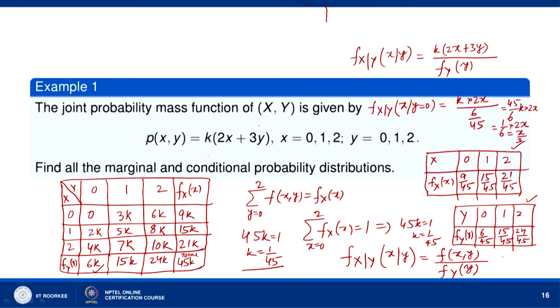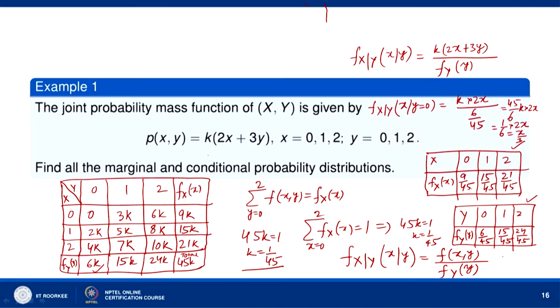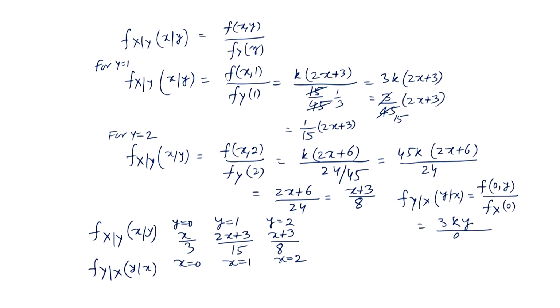So, 3 k y, okay, 3 k y divided by f x 0 is equal to 9 by 45. Okay. Now, 45 by 9 into 3k, okay, 45k equal to 1, 3 by 9 is 1 by 3. So, it is y by 3. Okay. So, for x equal to 0 we have found it.